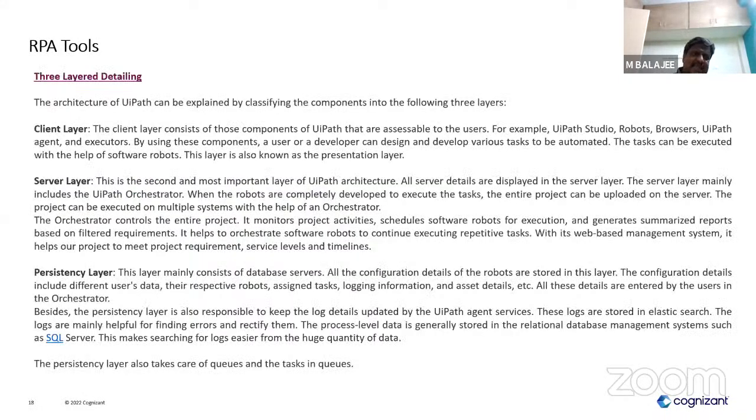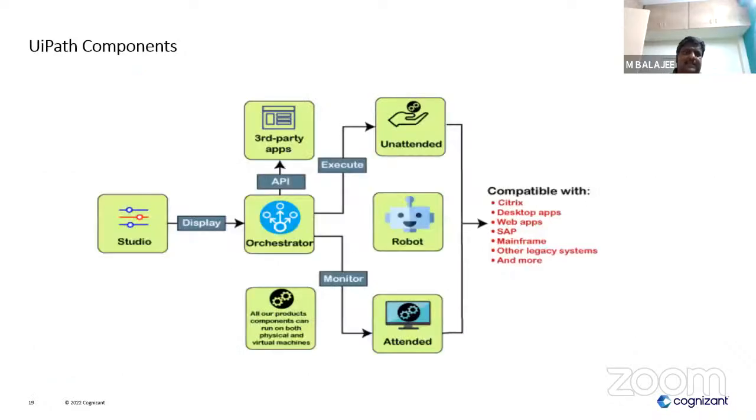The client layer consists of the tasks to be executed with the help of software logic. The server layer will have the server access details, and the persistency layer will have the database details, where it needs to go and hit the database, save or retrieve values from the database.